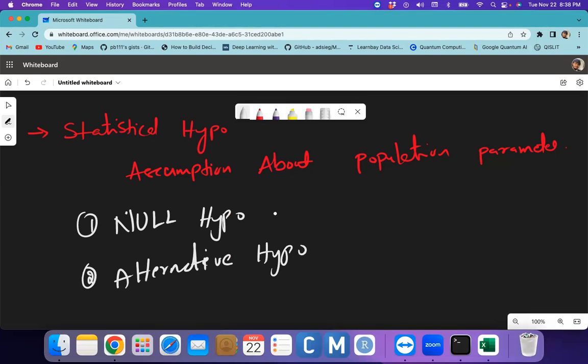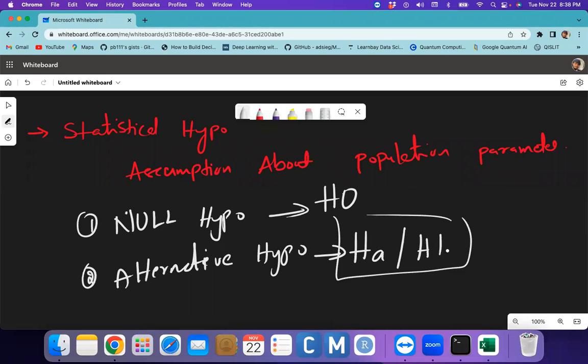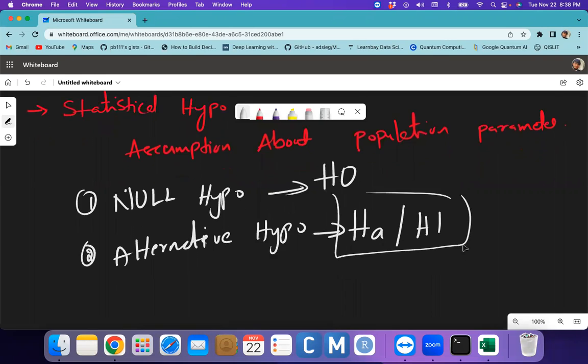Usually we represent the null hypothesis with H0, and the alternative hypothesis with HA or H1. You can use either HA or H1. Is it clear? So what exactly is the null hypothesis and what exactly is the alternative hypothesis? Let me consider that now.